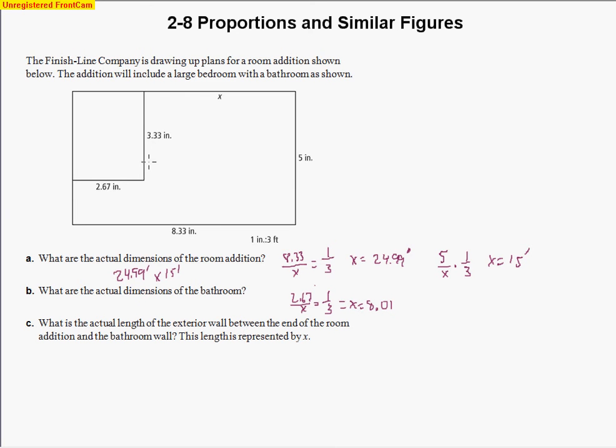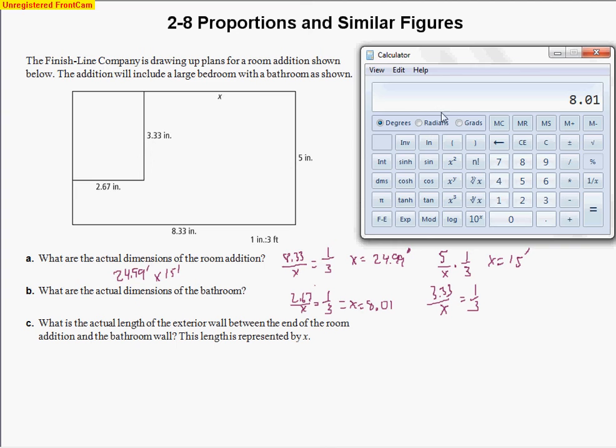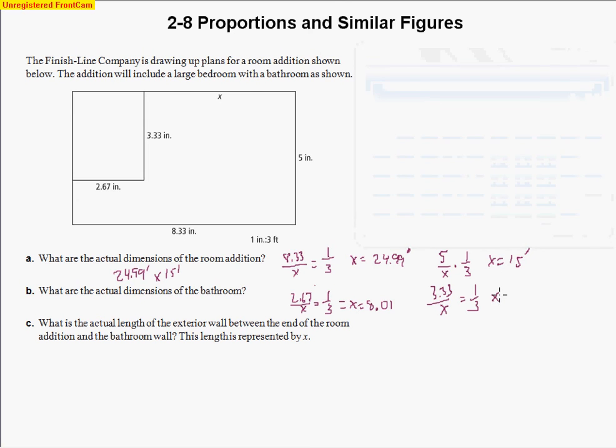And then we have the 3.33, so 3.33 over x equals 1 over 3. And we plug those numbers in. So 3.33 times 3 gives me 9.99 feet. So our actual dimensions are 8.01 feet by 9.99 feet.